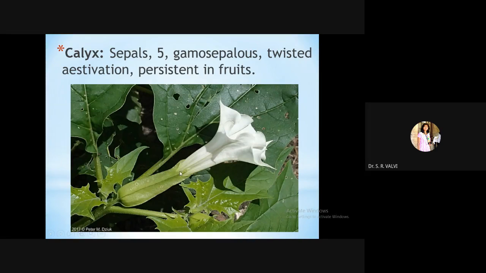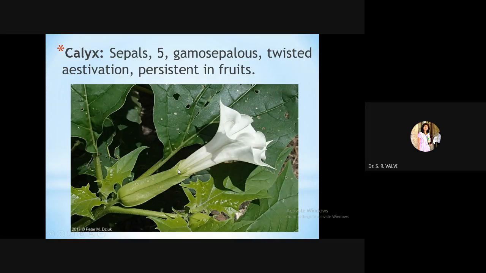Likewise 5 sepals are there, and right from the base to this point, the calyx appears in a tube-like structure. Getting? So all these calyx are fused together, hence we call it gamosepalous.